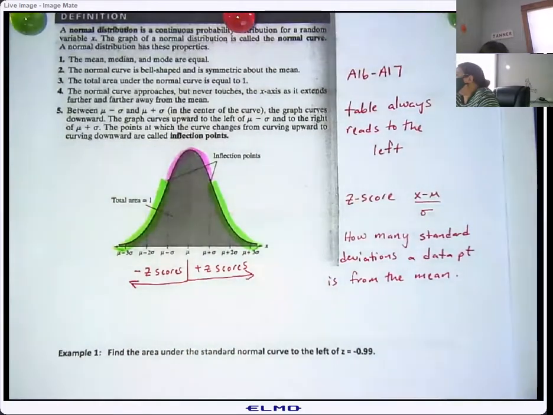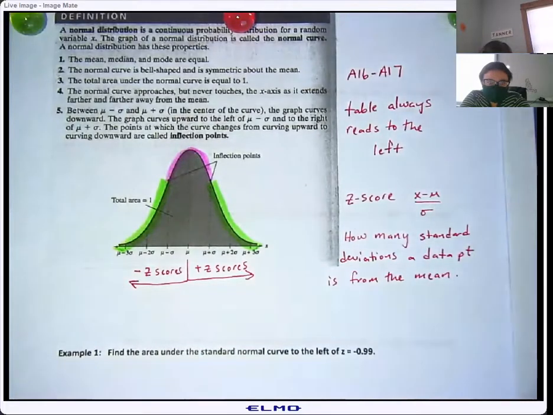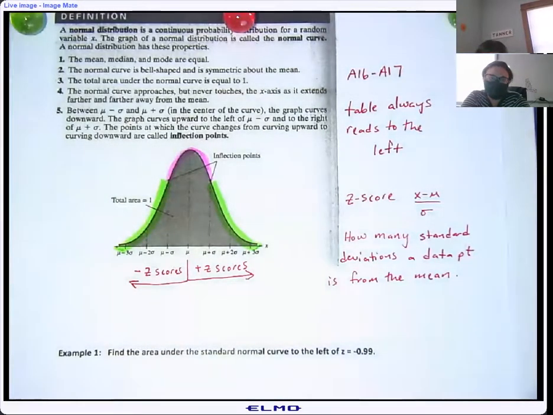Did I not post them online? Oh, you need a copy. Hold on. Everybody right now should be looking at their chart, looking at the top of the chart. I'll show you how to read it in just a second.